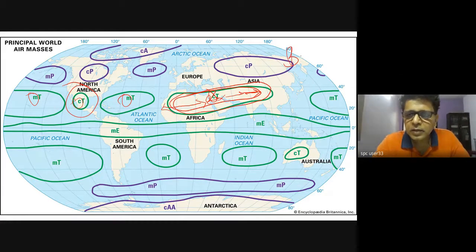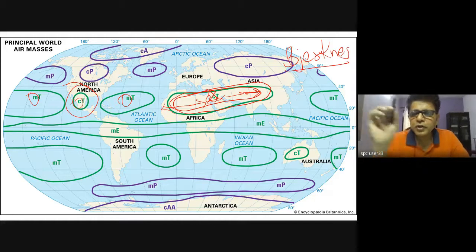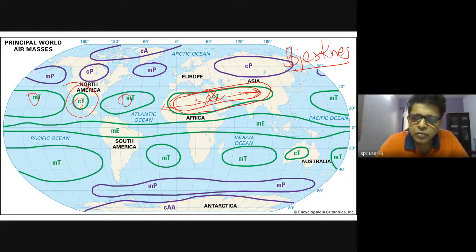Bjerknes is spelled this way. He was a Swedish climatologist, and he was studying what are called temperate cyclones. In that process, he came up with what is called the frontal theory.